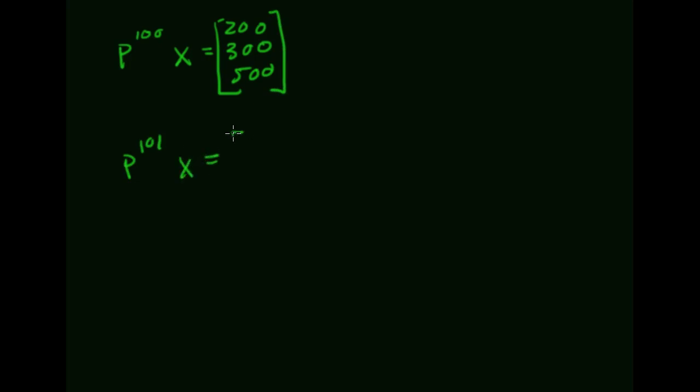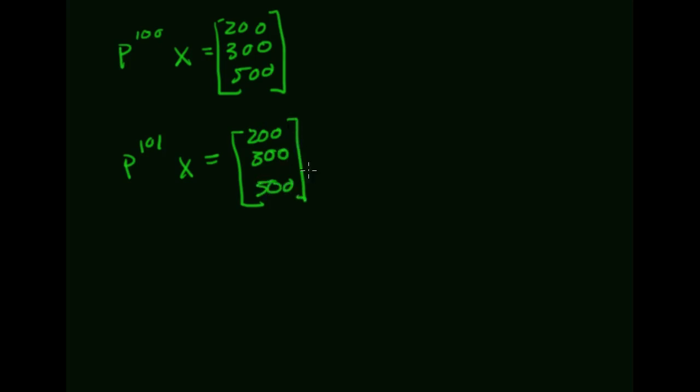To get to the steady state matrix, you have to go kind of high on this. What I ended up doing was taking P to the 100th power times the current state. That gave me 200, 300, 500. If I took P to the 101st power times the current state, I also got 200, 300, 500.